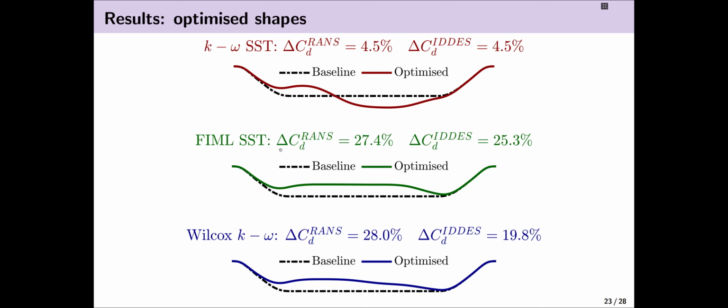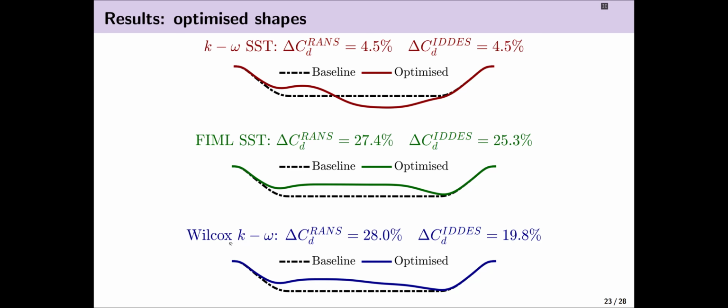But if we use the augmented SST model, we'll get a totally different shape and much more error reduction. So based on the RANS predictions, we have a reduction of about 27%. And based on the IDDS predictions of these 2 geometries, we have a 25% reduction. We can see that the reductions are kind of similar because the flow predictions are similar in these 2 cases, even though one is RANS simulations, one is IDDS.